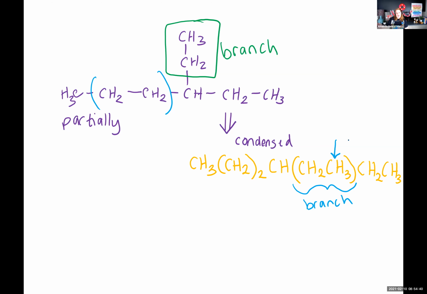A CH3 has to be the end of a chain because it already has 4 bonds. It's bonded to the 3 hydrogens and then whatever carbon it's next to. Whereas over here, they are only CH2s, so that means they have to have a carbon on either side to continue that longer chain. Questions about that?